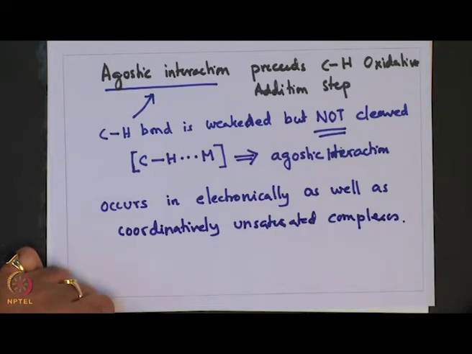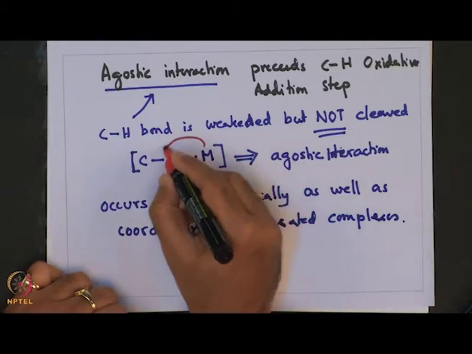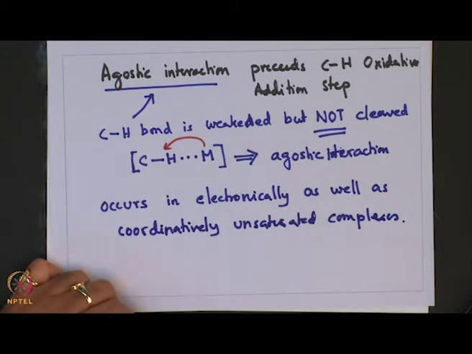And what one needs to look at is how this metal center influences or facilitates the CH bond activation through this weak interaction. Even though the interaction is kind of weak, it has a very significant impact in cleaving a very strong bond.